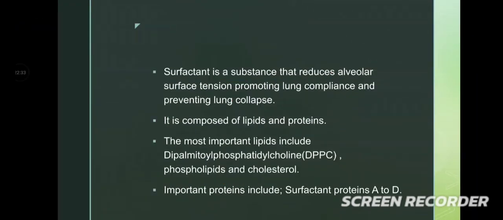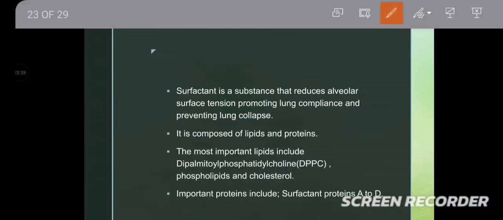Now, what is this surfactant? Surfactant is a substance that reduces alveolar surface tension, promoting lung compliance and preventing lung collapse. Surface tension is a force that tries to collapse the lungs.